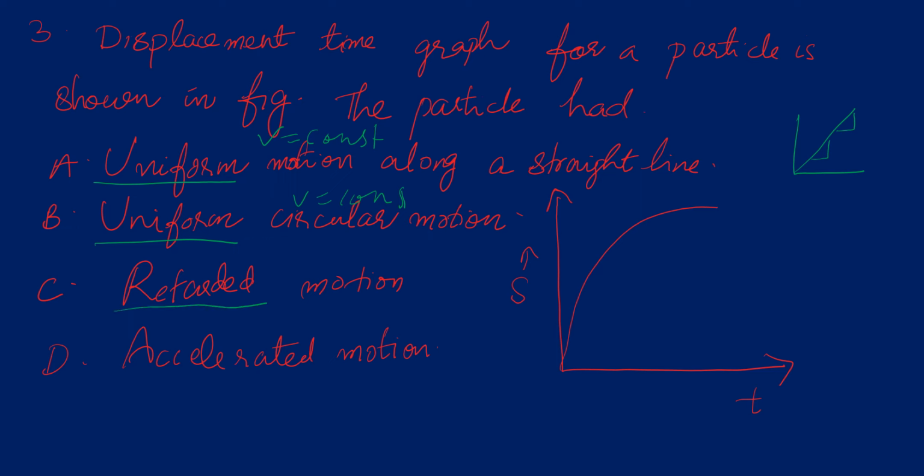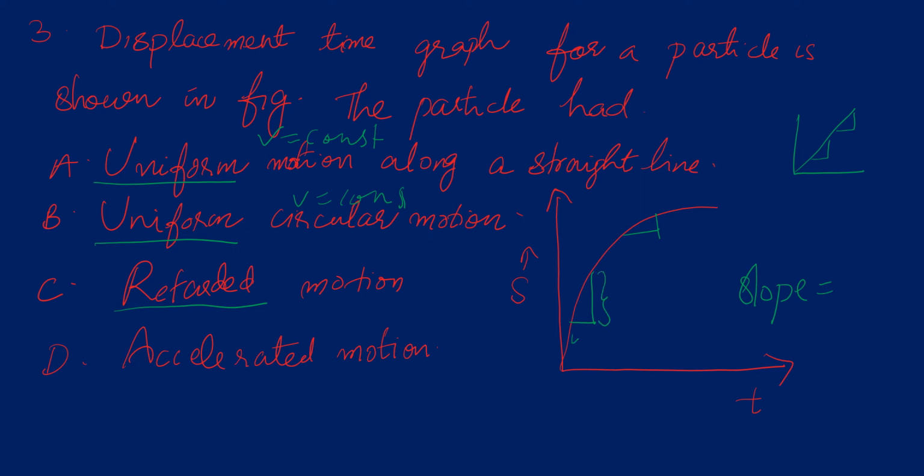Whereas in retarded motion, when we find out the slope at different times, we can see that the slope value varies.